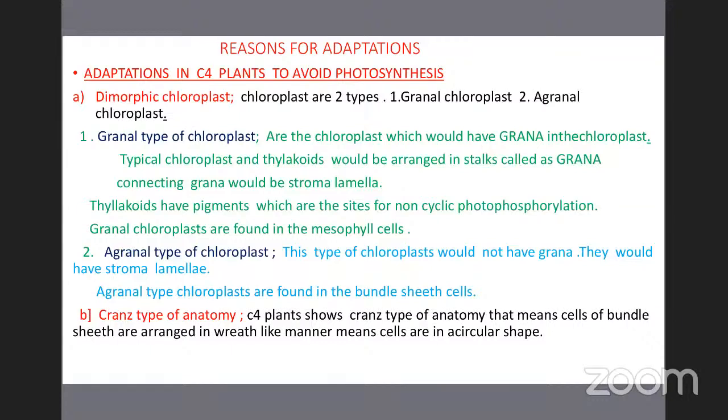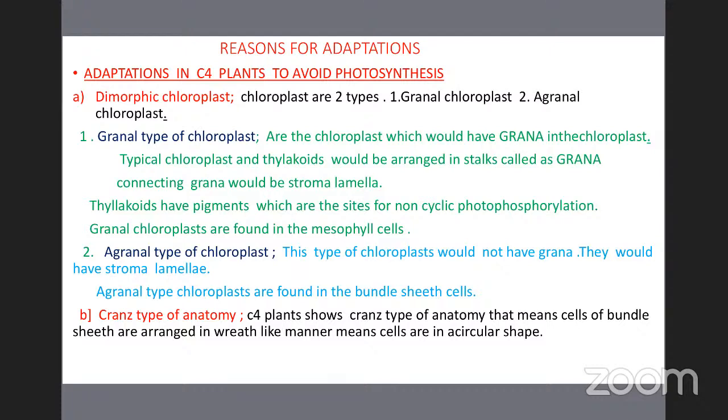In that stroma, there are stacks of thylakoids called grana. Granal stacks are arranged randomly and are interconnected with one another by thread-like strands called stroma lamellae, which help in binding the granal stacks. This is the normal structure of a chloroplast.